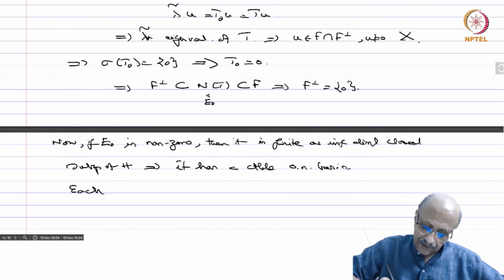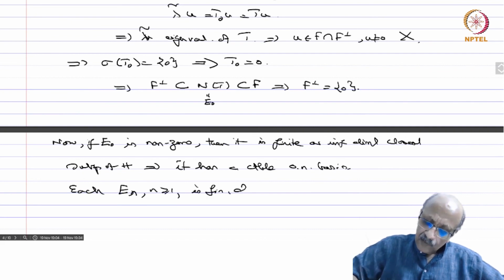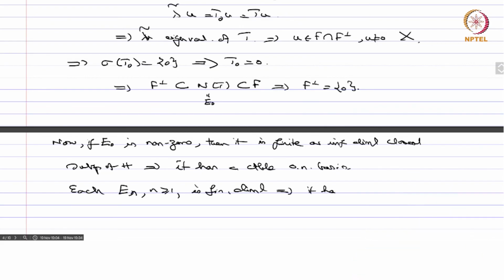Each E_n, n greater equal to 1, is finite dimensional, so it has a finite orthonormal basis.